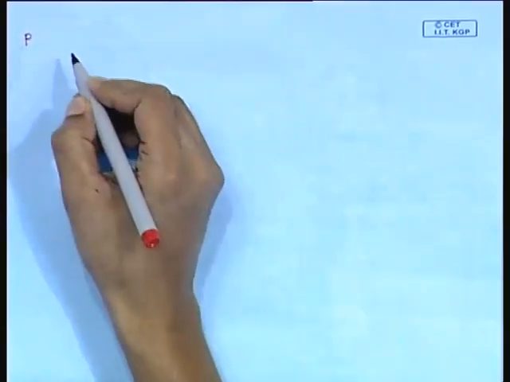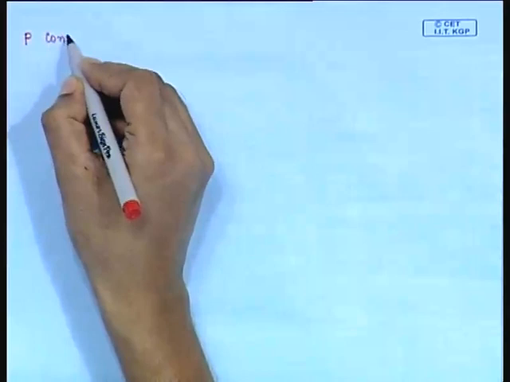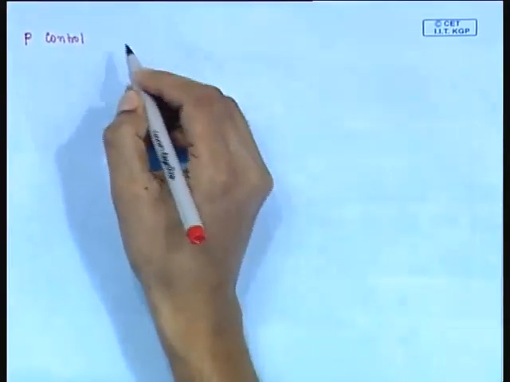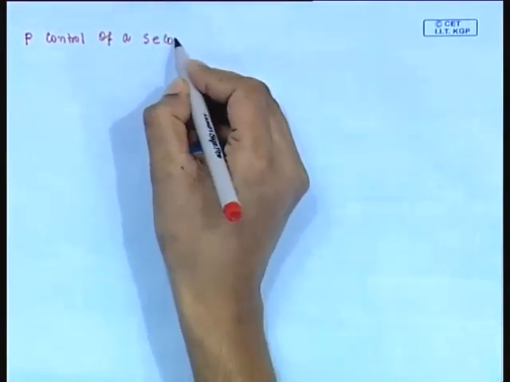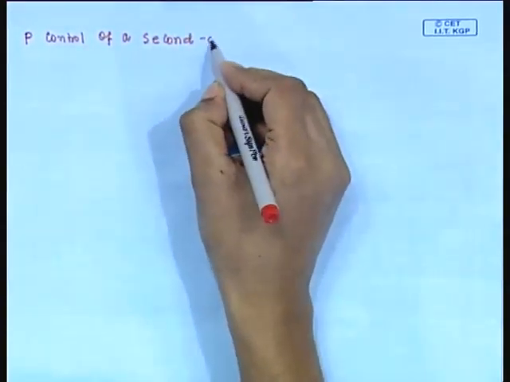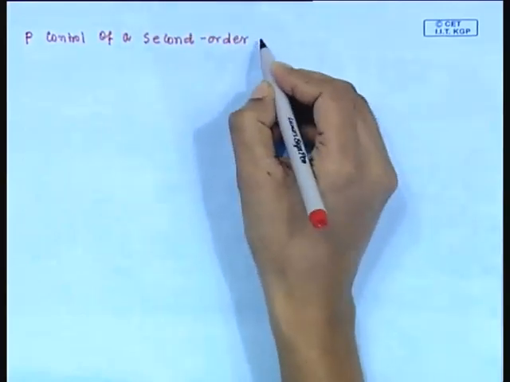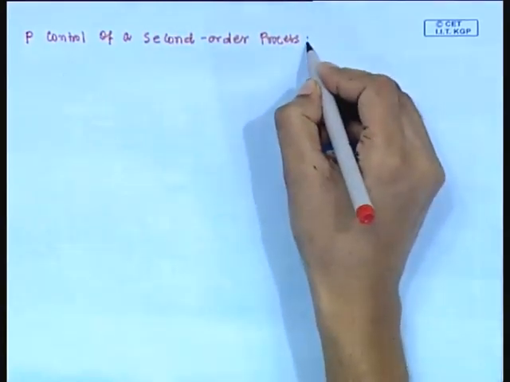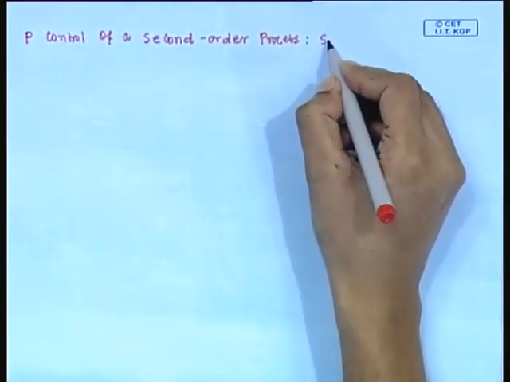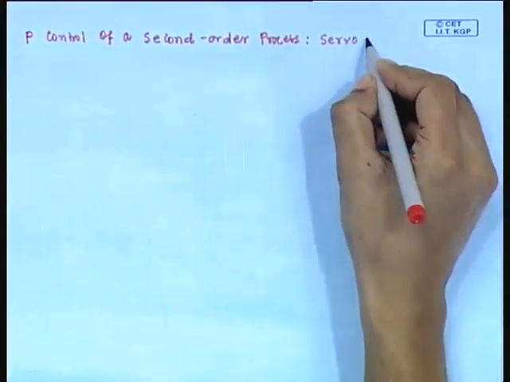In the last class we were discussing the proportional control of a second order process. We will continue that topic today. So, P control of a second order process, and we will consider the servo case.